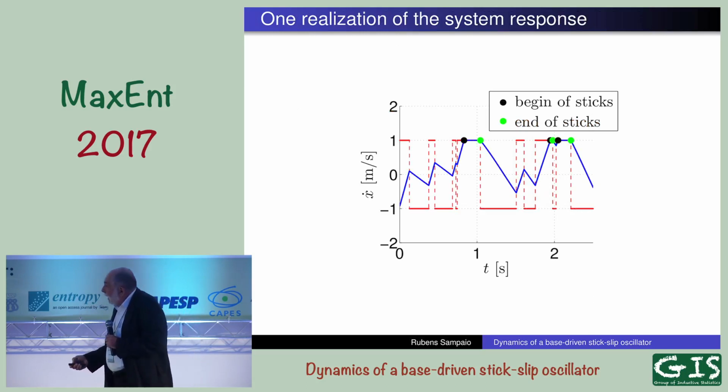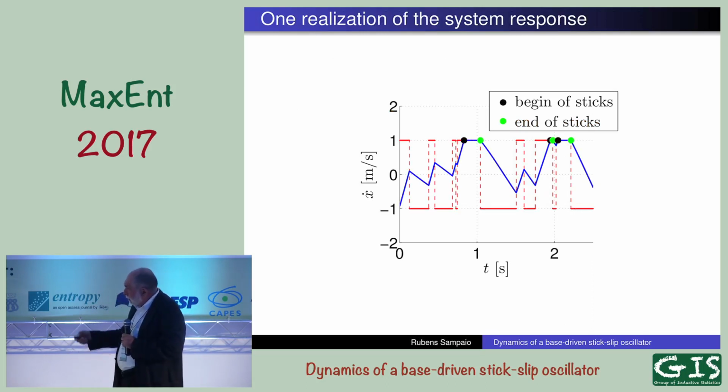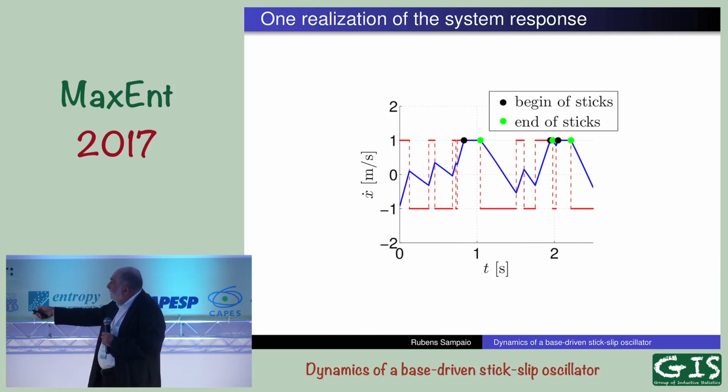With this model, I can sample. So I make a sample, and this thing is the driving force for the process. So I integrate the equation. When I integrate the equation, I get something like this. For example, this point here is the beginning of a stick, and this point here is the end of a stick. For example, here I got a stick.